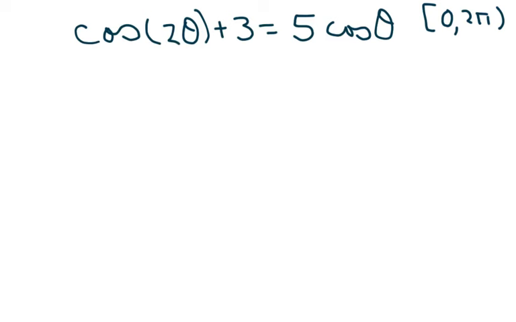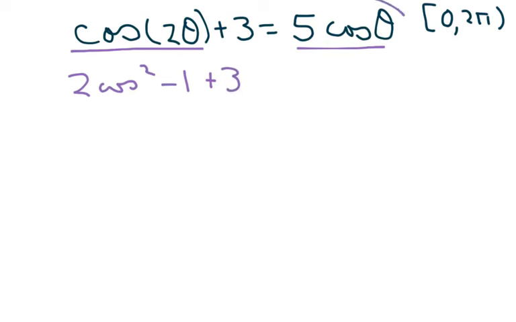There's not much I can do here, pretty simple. But this I can write as one of my 4 formulas, 2 cosine squared minus 1 plus 3. And I'm going to go ahead and subtract this while I'm at it. So that's minus 5 cosine of theta equals 0.